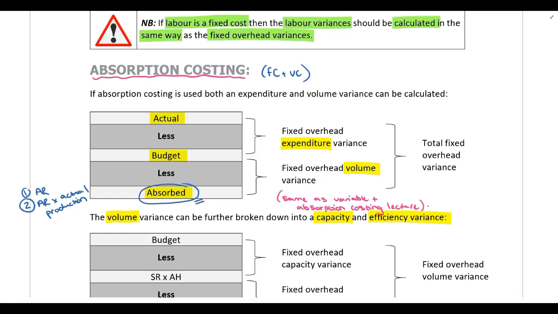Now, if the company is using variable costing, then they won't be allocating fixed overheads to their inventory. So they won't be calculating an allocation rate and an absorbed overhead. So that means if variable costing is used, we don't calculate a volume variance because we won't have an absorbed fixed cost. If variable costing is used, we can only calculate an expenditure variance.